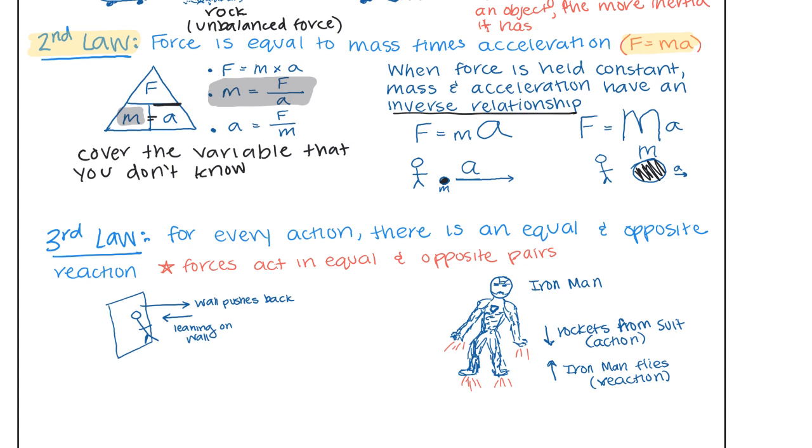So again, as you increase the mass of an object, its acceleration due to that force you were applying is going to go down. And that's what we mean by an inverse relationship. Inverse meaning as one goes up, the other one goes down. So they're inverses of each other.